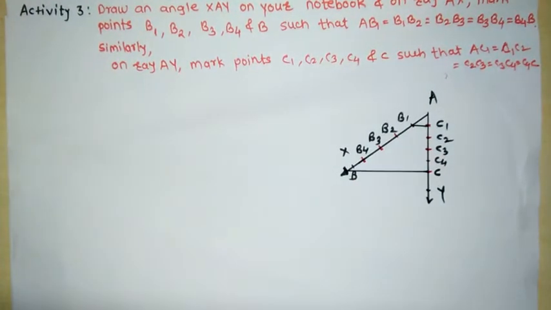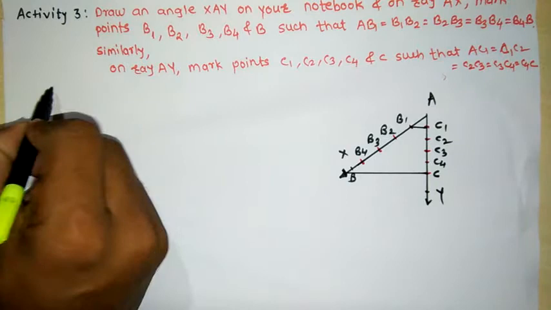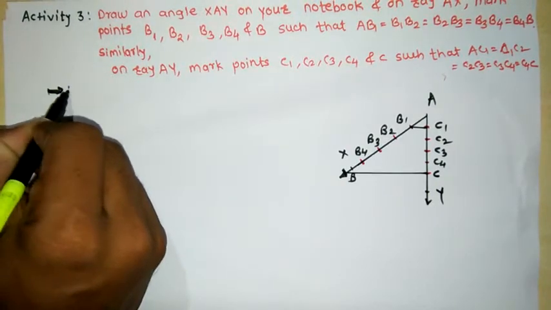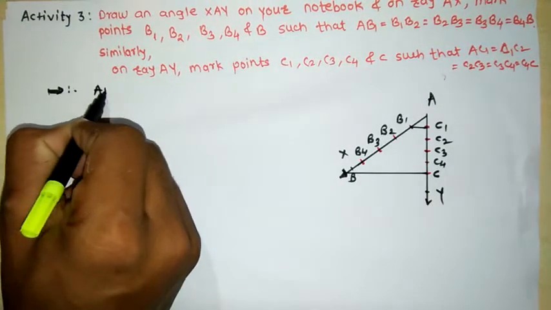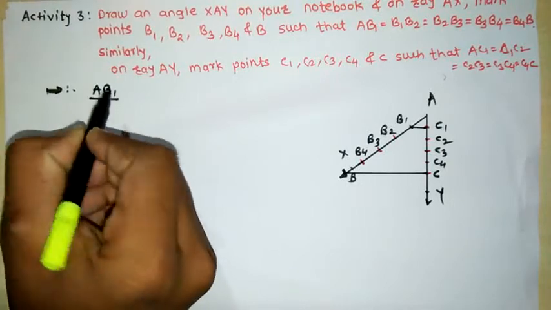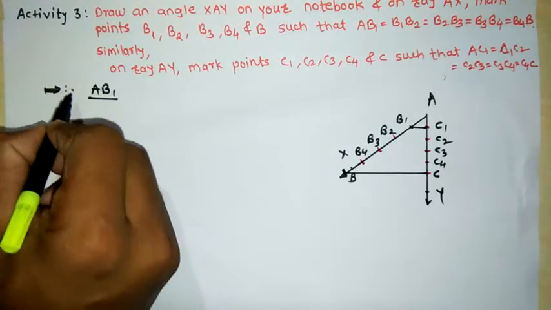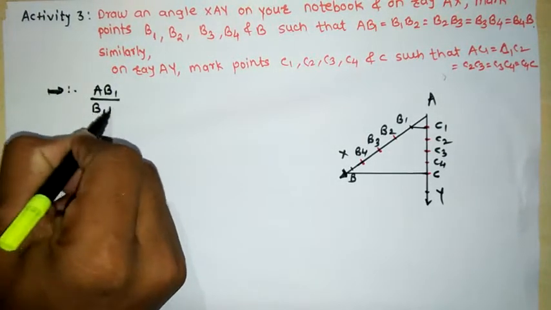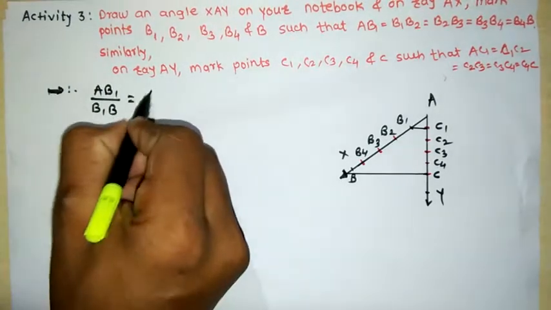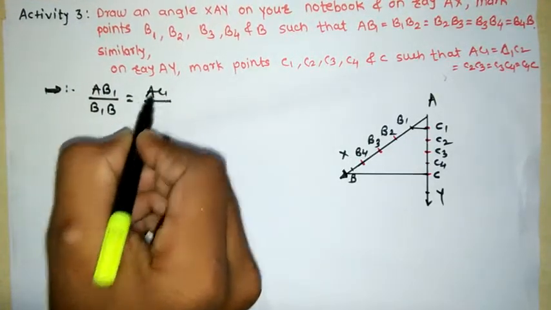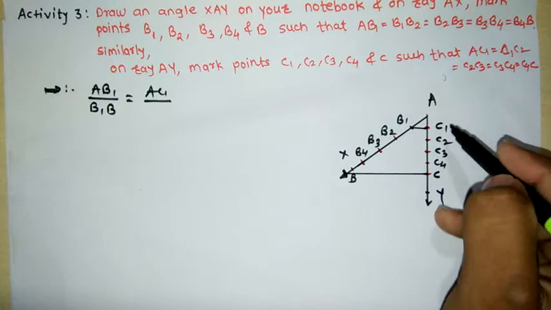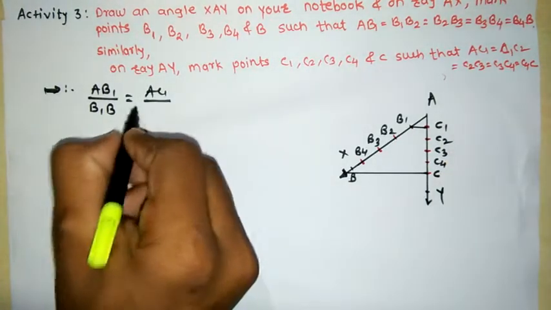Now see here. AB1 divided by B1B is equal to AC1 divided by C1C.